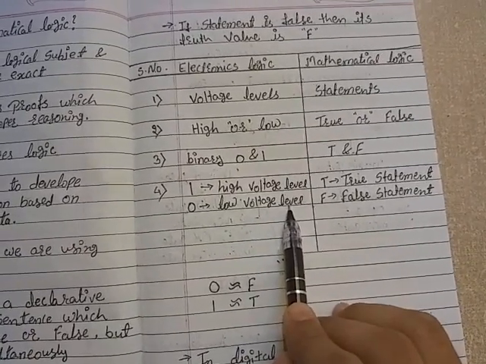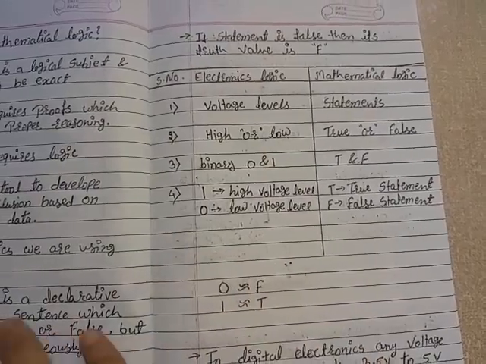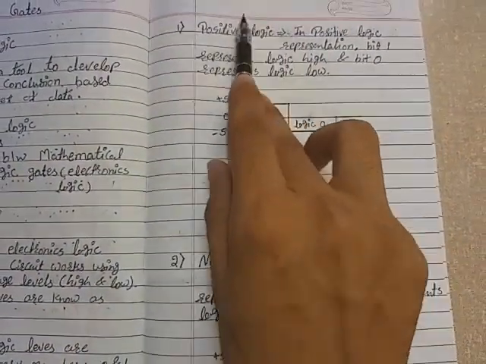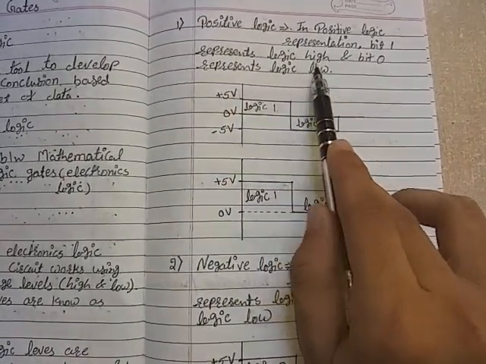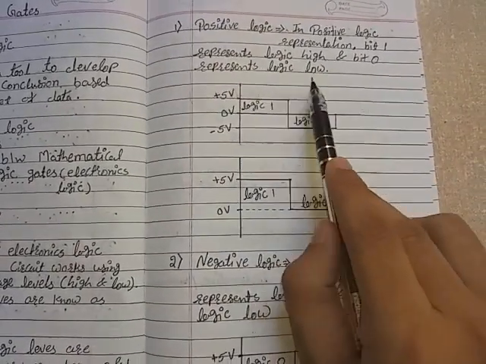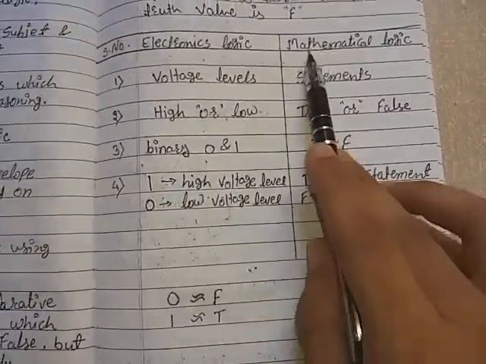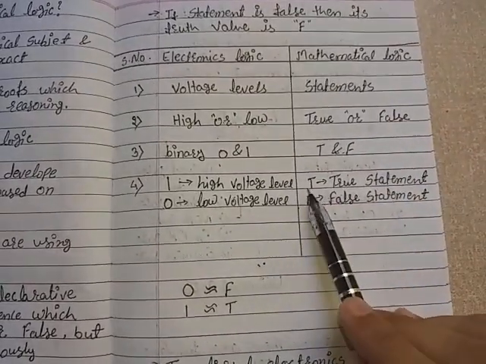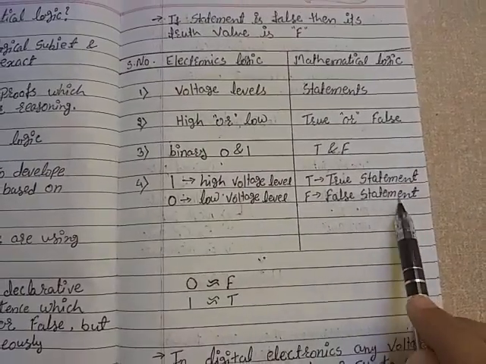In general, we are using positive logic, where 1 represents logic high and 0 represents logic low. In mathematical logic, T is for true statement and F is for false statement.